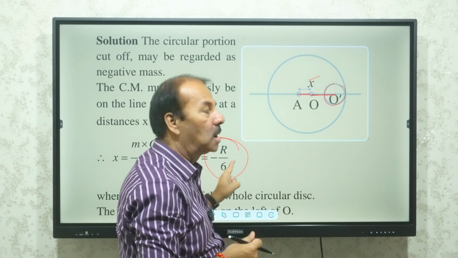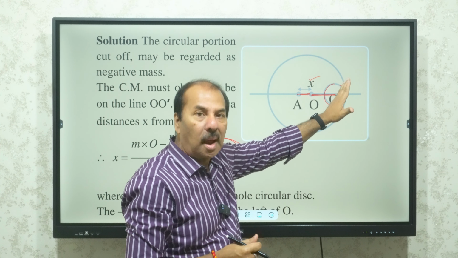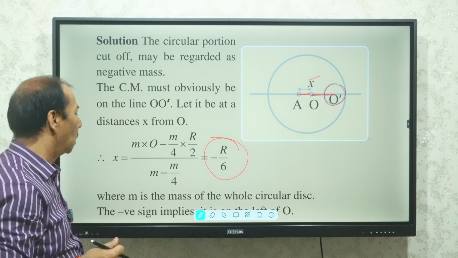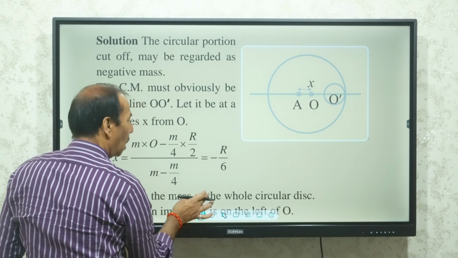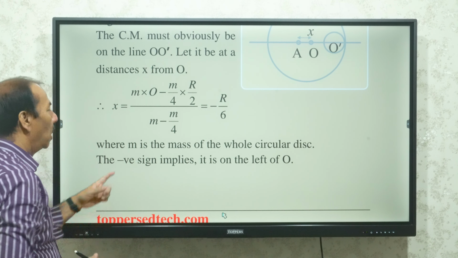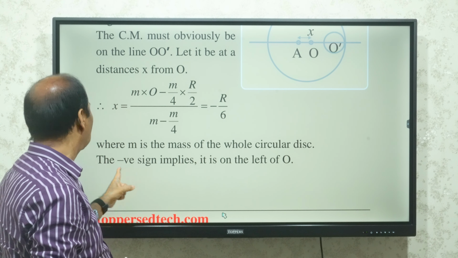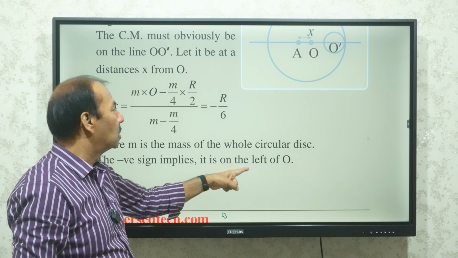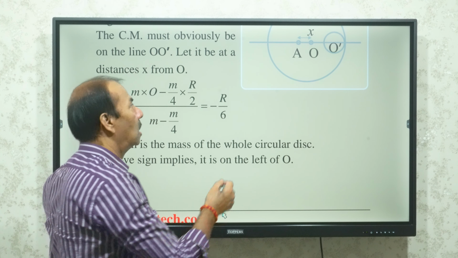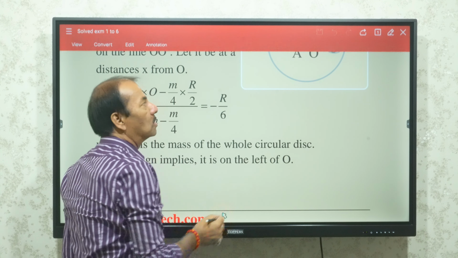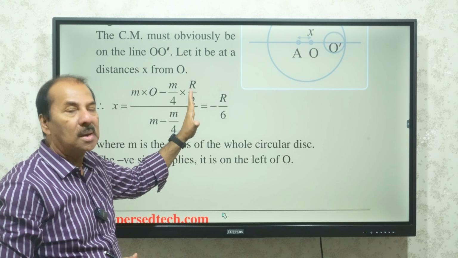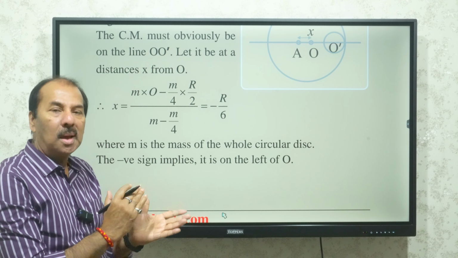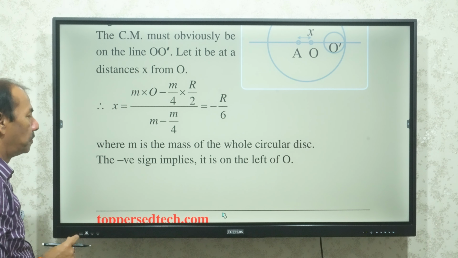If it would have been plus, then it would have been on the right side of the point O. So that way we can calculate the center of mass. Where m is the mass of the whole circular disc, the negative sign implies it is on the left of this O. Here we have considered this as the reference point, and from this reference point the center of mass is at a distance of R by 6 on the left side of that O.